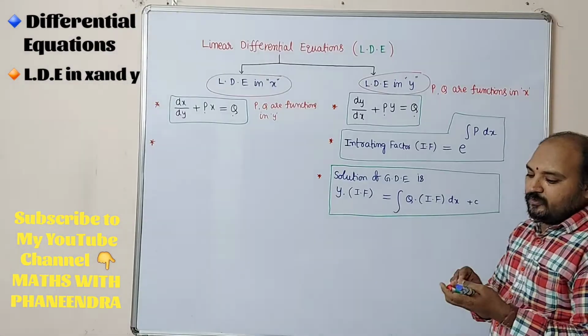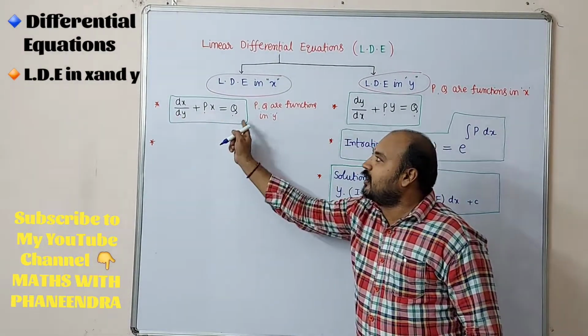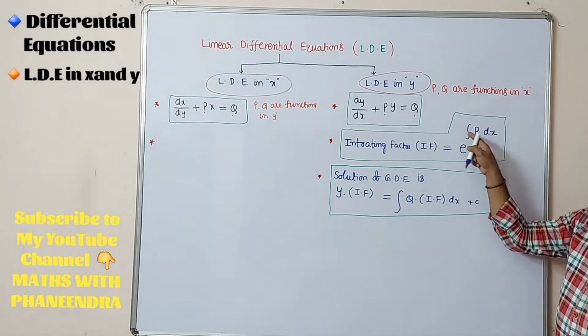Integrating factor. What is the integrating factor for this? Whenever dx by dy is there, with P and Q in terms of y, the integrating factor is e power integral P dy.